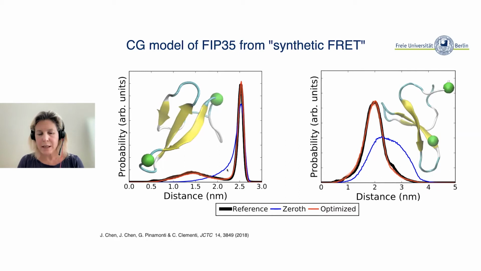And as you can see here, the initial model was not very good. These are distance distributions, which are the proxy for FRET distance distributions. The initial model was not very good. These two peaks here are for the folded and unfolded state, and the initial model couldn't reproduce them. But if we optimize it, we can get very close to the reference, that is what we get from the all-atom simulation.